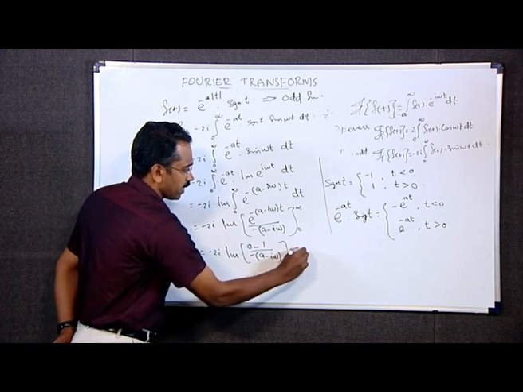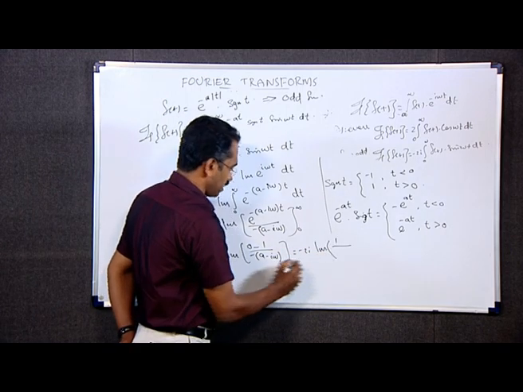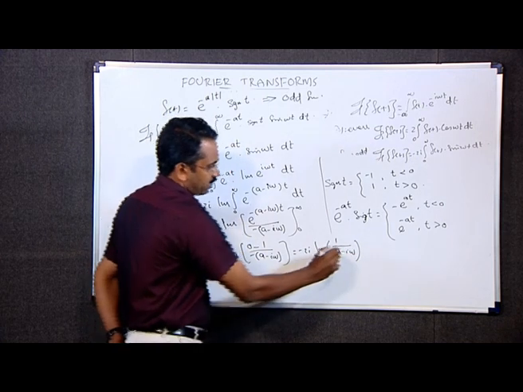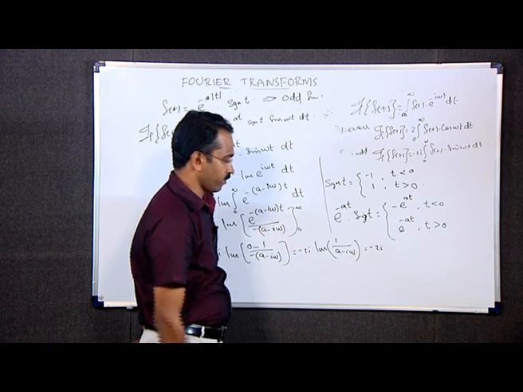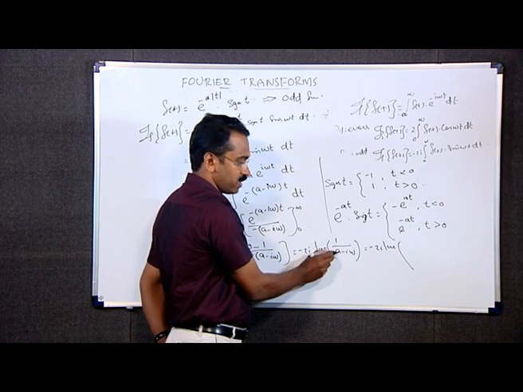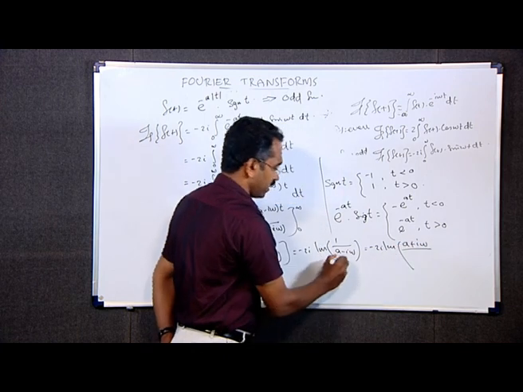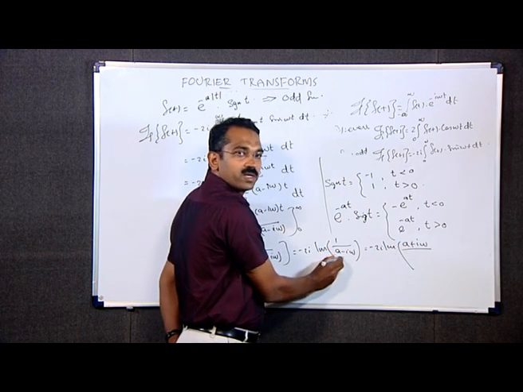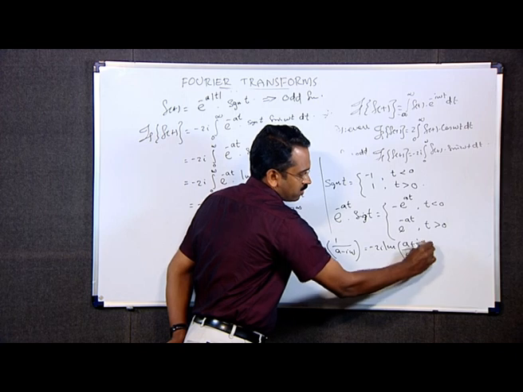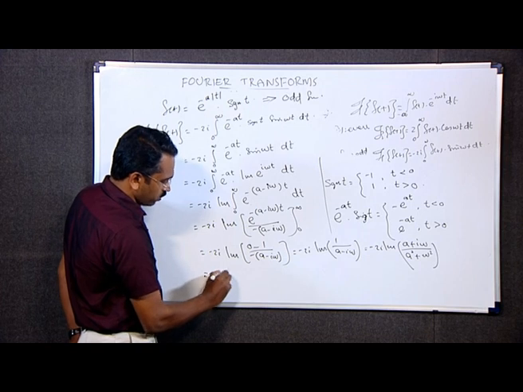That is equal to minus 2i into imaginary part of 1 divided by a minus i omega, that is minus 2i into imaginary part of, we have to multiply both numerator and denominator by a plus i omega, we get a plus i omega divided by, here a plus i omega into a minus i omega means a square minus i omega square, that is a square plus omega square.